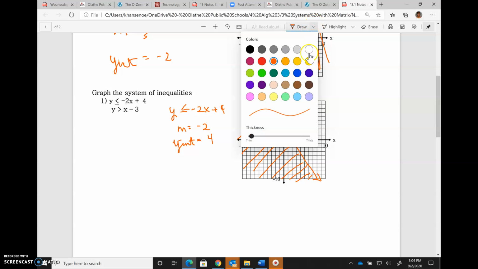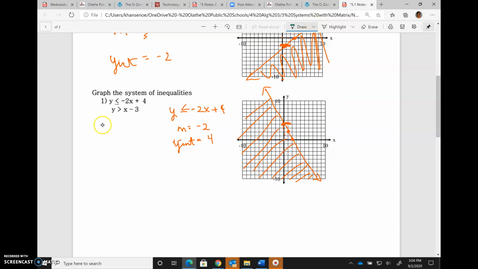So now I'm going to graph the other one. So my slope is 1, my y-intercept is -3. So I'm going to go down to -3, 1, 2, 3. I'm going to go up 1 over 1, up 1 over 1.